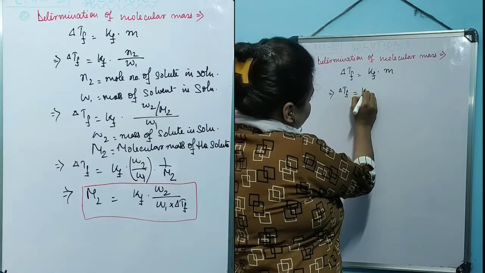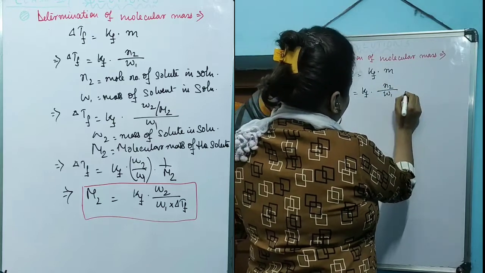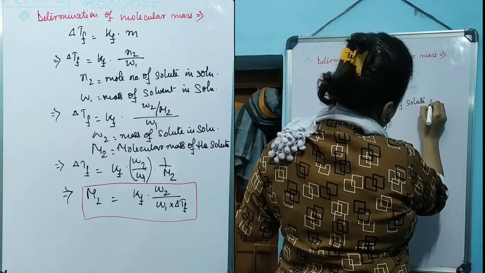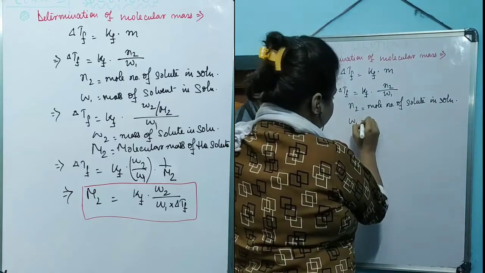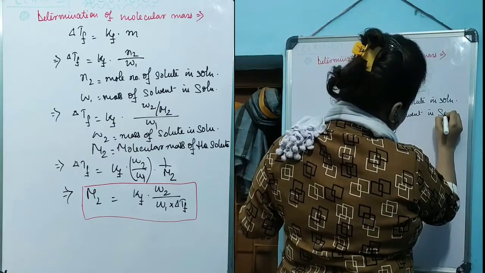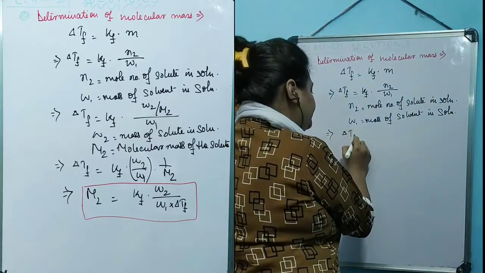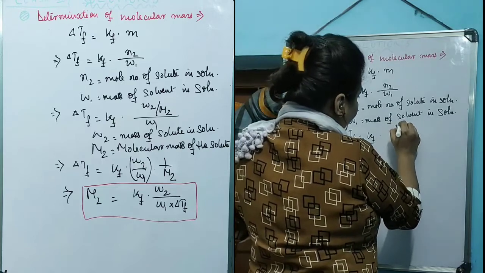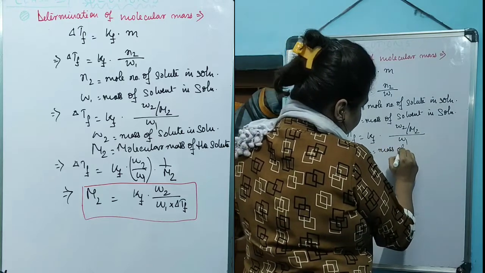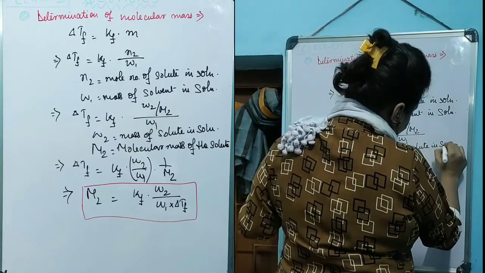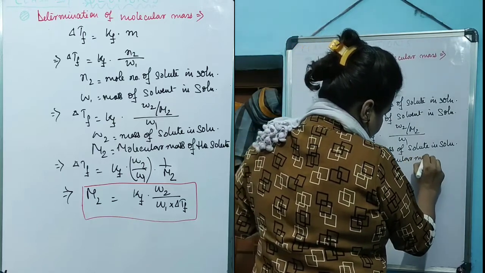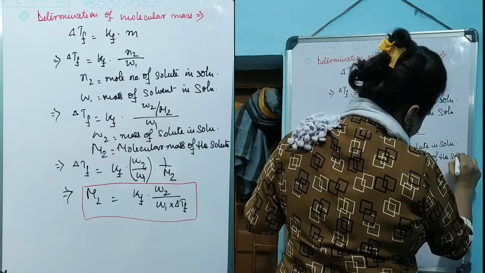Delta Tf equals Kf into N2 by W1, where N2 equals the mole number of solute in solution, and W1 is the mass of solvent in solution, or delta Tf can be written as Kf into W2 by M2 by W1, where W2 is the mass of the solute in solution and M2 is the molecular mass of the solute.